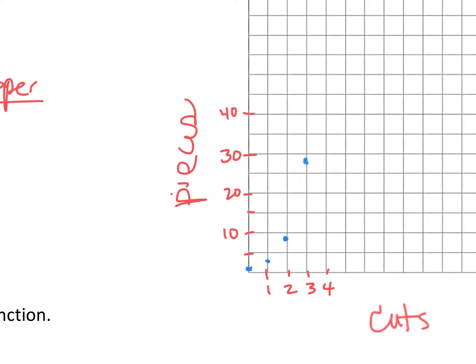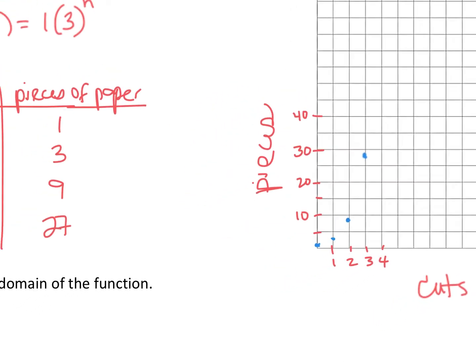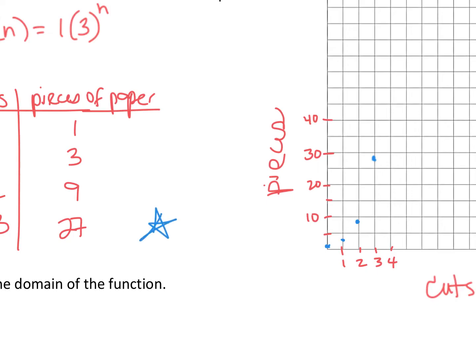So you can kind of see we've got a curved pattern here. It's definitely increasing. So we could classify this as exponential. And then the question is, do we connect our dots? Do we have information in between at like half a cut? Not really. So that confirms that we just leave it as dots, and this is going to be discrete.